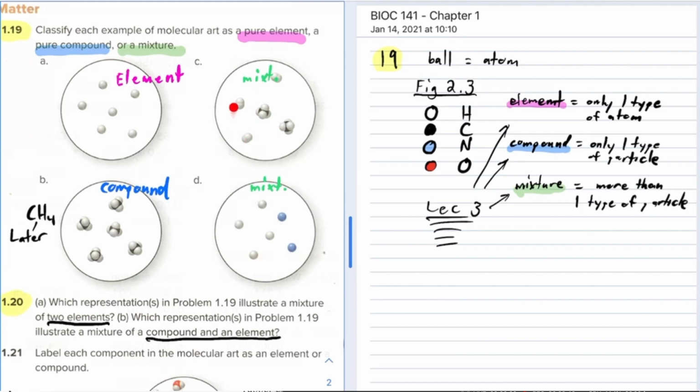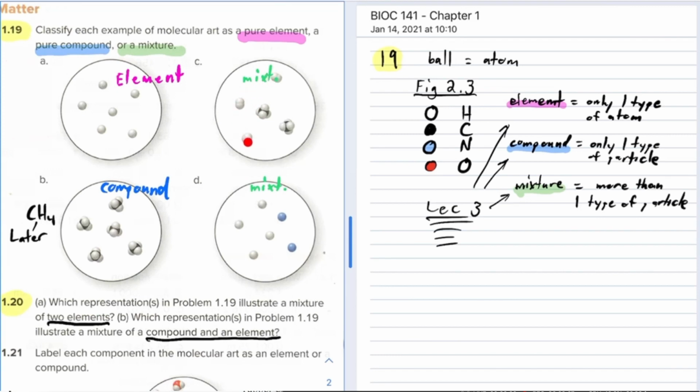So let's look at these guys over here on the left first. Are these particles elemental particles, or are they compound particles? Okay, so when you have a mixture, the components of a mixture are either elements or compounds. Okay, so let's look at this component, these particles over here.